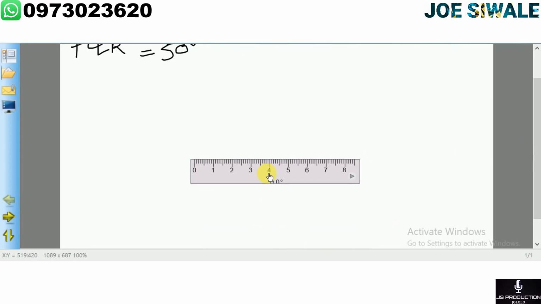And as you can see, my meter goes up to 8.5. So the first thing that I'm going to do is to measure 8, then I'm also going to measure 2 centimeters.